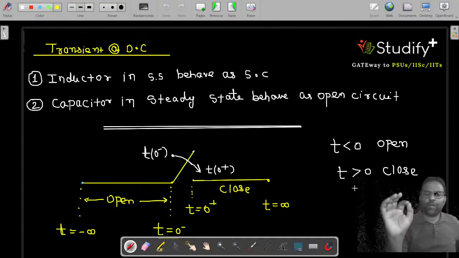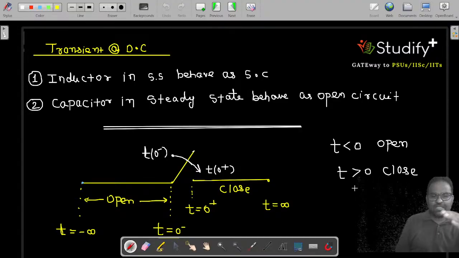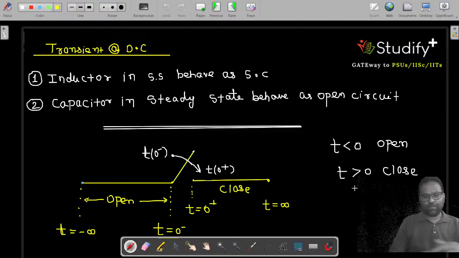The t0 minus is the steady state point when the switch is in one position, and t equal to infinity is the steady state point when the circuit has the switch in the other position. Next, energy stored by the capacitor is in the form of voltage, and energy stored by the inductor is in the form of current.